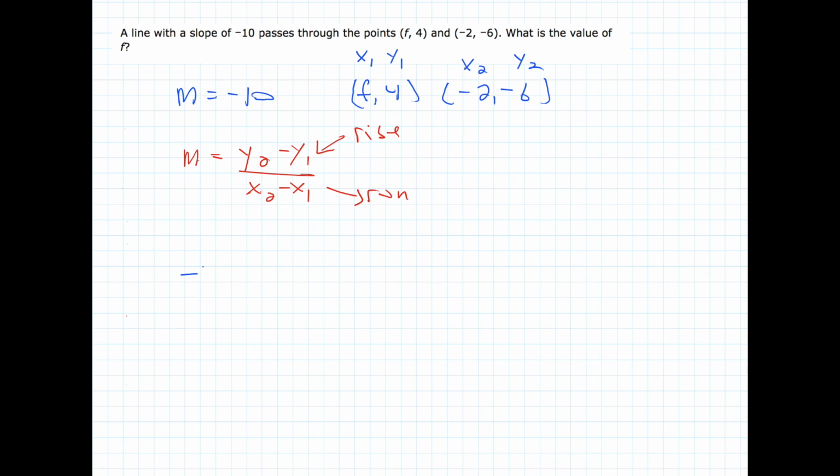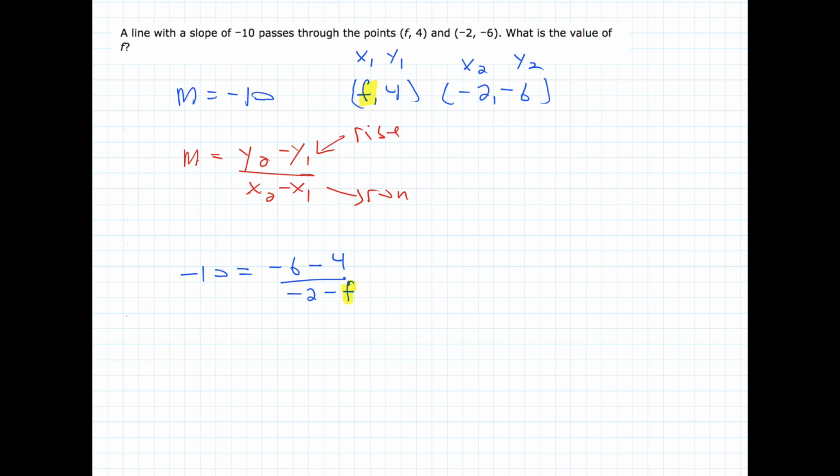So negative 10 equals y2, which is negative 6, minus y1, which is 4. So negative 6 minus 4 over x2, which is negative 2, minus f. So that's what we're trying to figure out. We're trying to figure out this f right here.